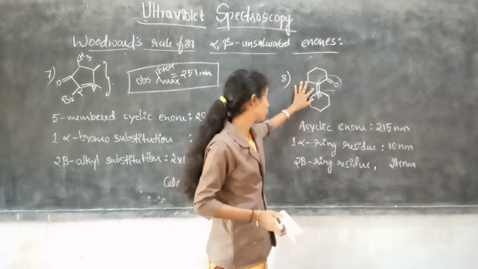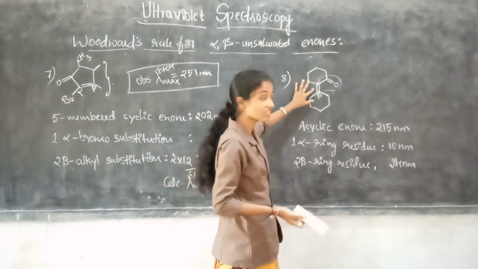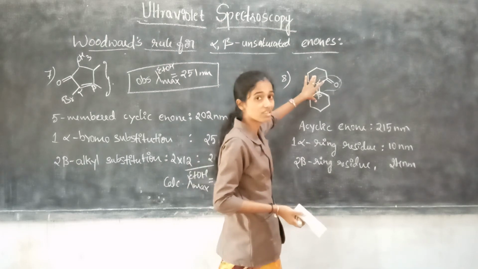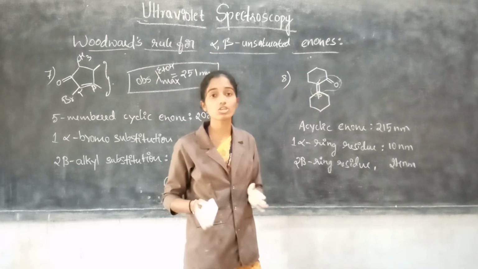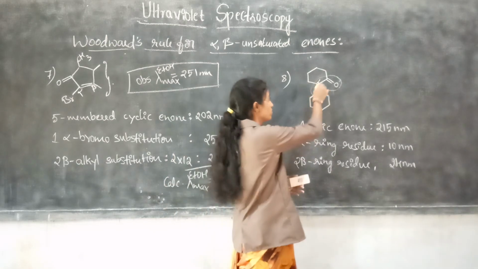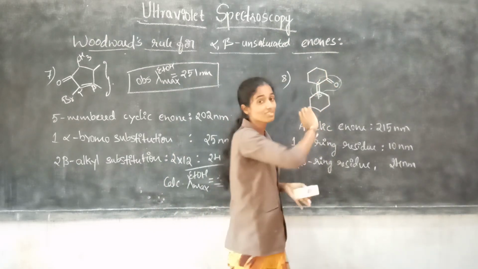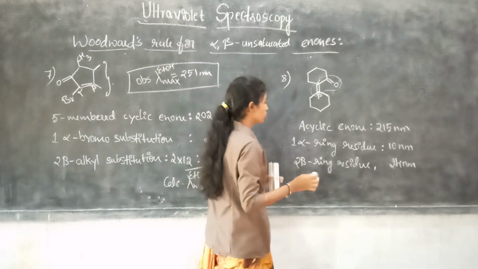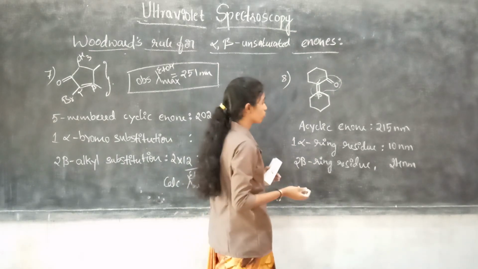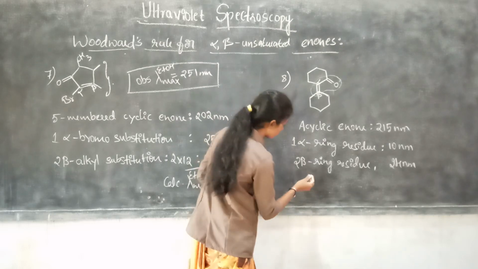Here the double bond is exocyclic to both ring systems, so there will be an addition of 10 nanometer.